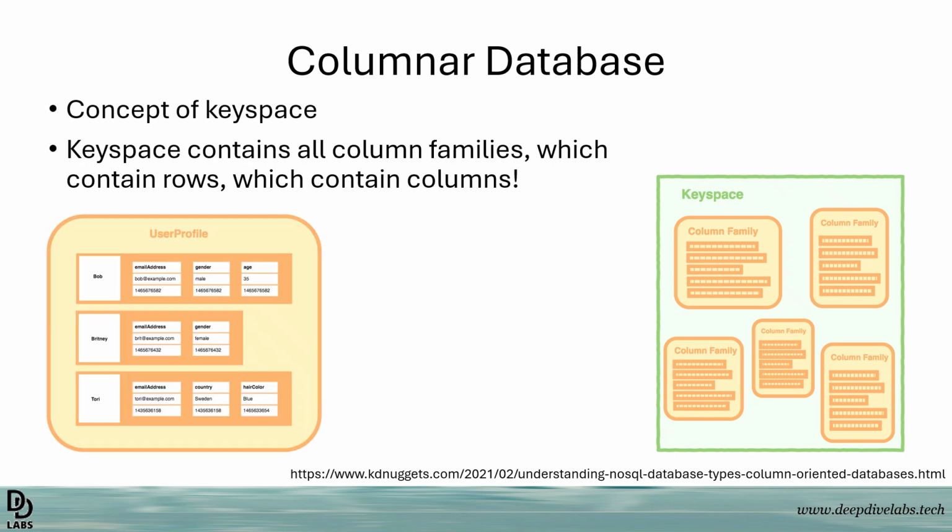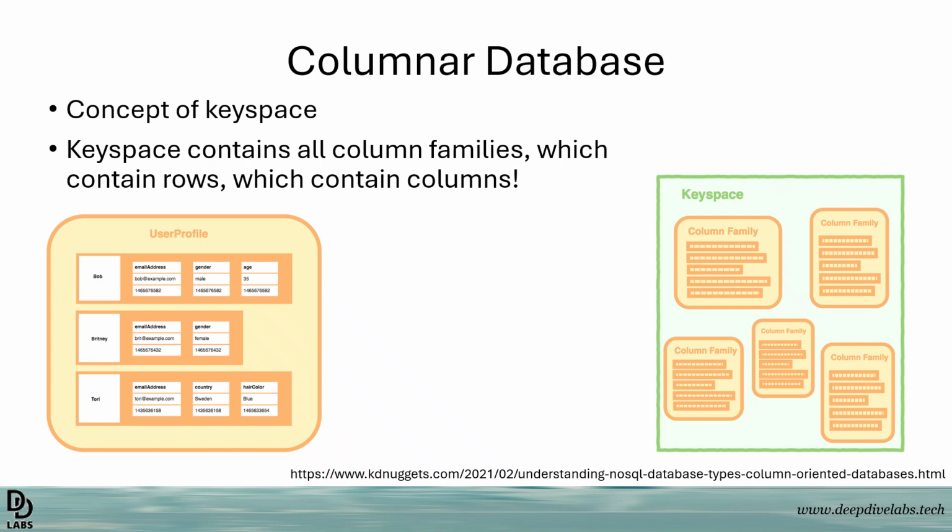If you look deeper into each row, the rows here are storing user profile information. The first user has three columns: the email ID, gender, and age. Whereas the second user, Brittany, has only email ID and gender. The third user, Terry, has email ID, country, hair color, and so on and so forth, right?